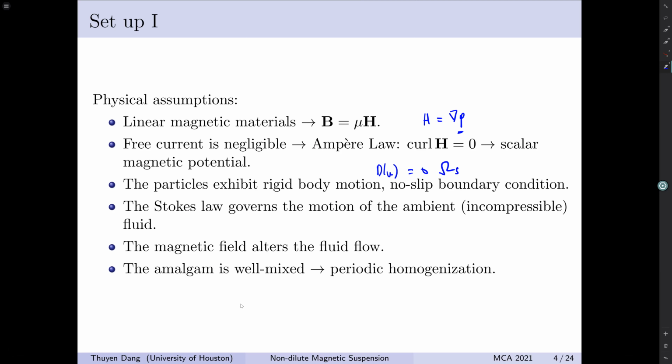We also assume that the flow is governed by Stokes law, and the fluid is incompressible. Finally, we assume that the magnetic field acts on the fluid flow, but not vice versa, for simplicity. If the mixture is well mixed, then we can consider the problem in the context of periodic homogenization.